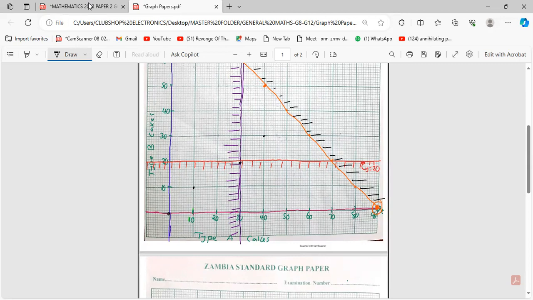This one, then 20, 20 here. Then 30, 30 here, 40, 40 here, 50, 50 there. Okay, even just 2 points are enough. Then you connect with the ruler like that.